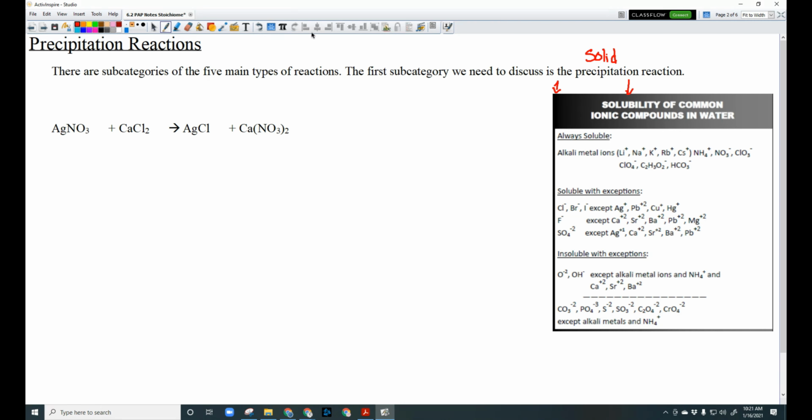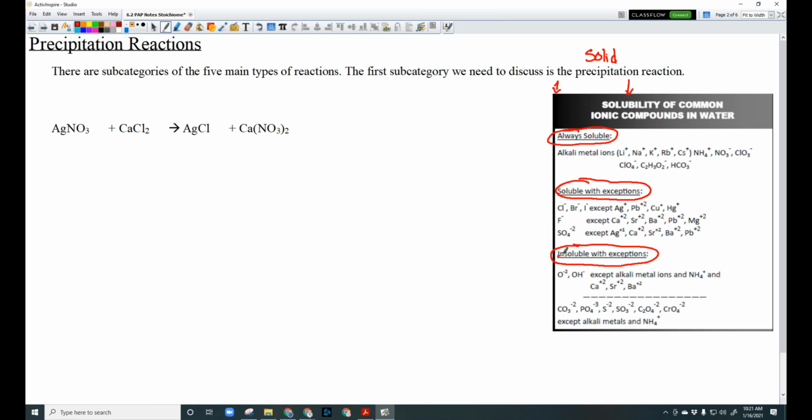The way you use this chart is it's broken up into 3 sections: compounds that are always soluble, compounds that are soluble but have exceptions, and compounds that are insoluble that have exceptions. Soluble means it dissolves in water.